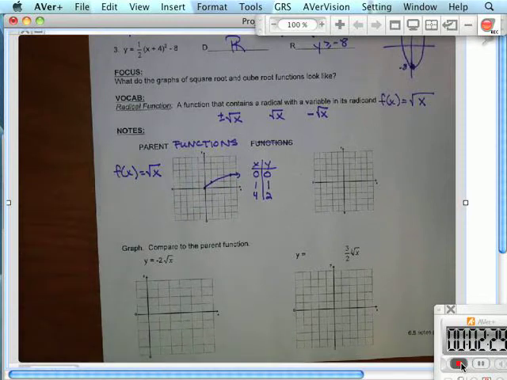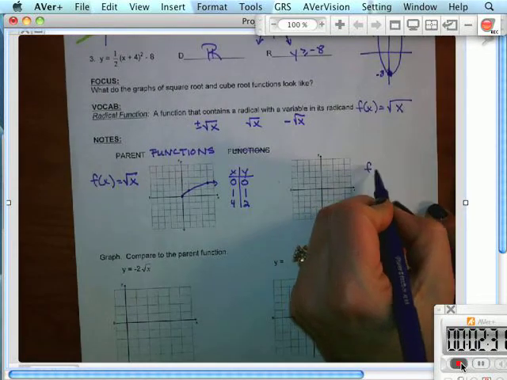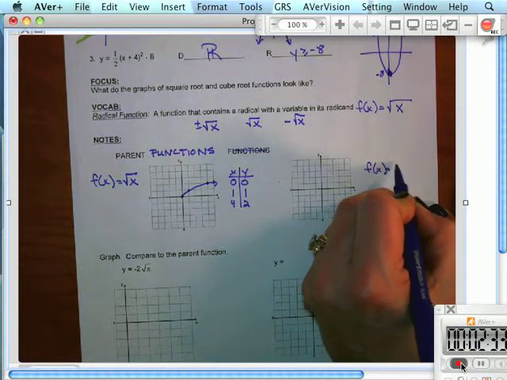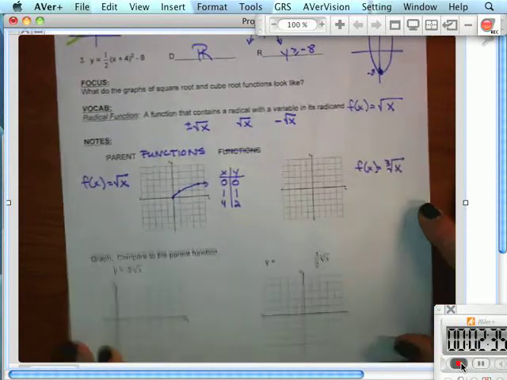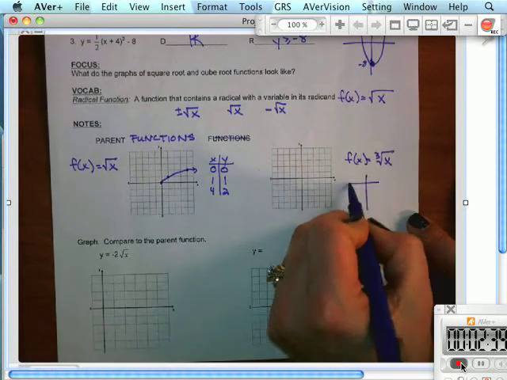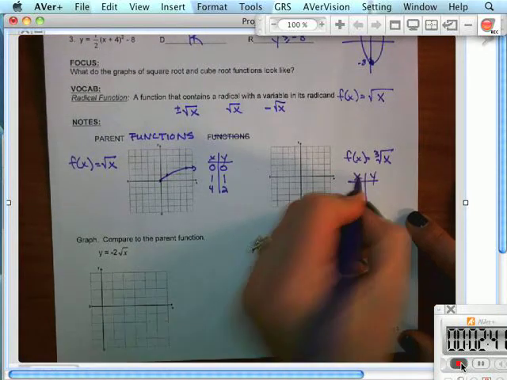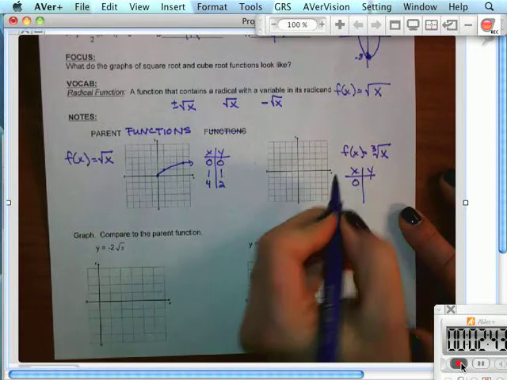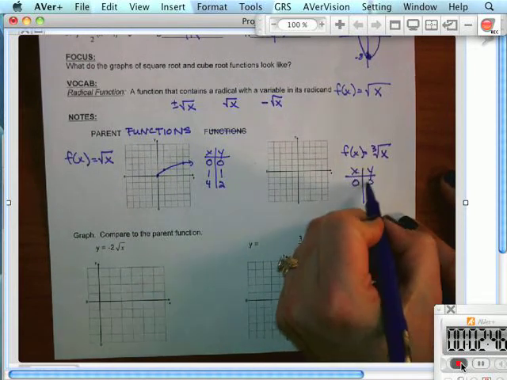Okay. The other parent function is cube root. All right, so let's make a couple of points again that will fit into this. What's the cube root of 0? What's the cube root of negative 1?